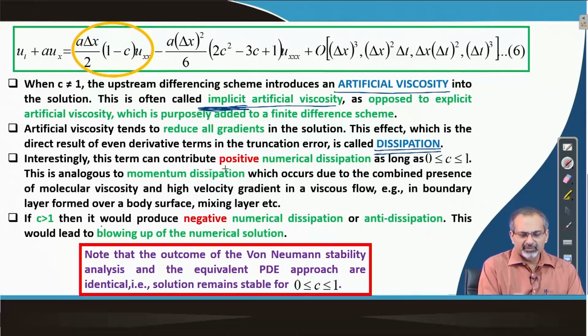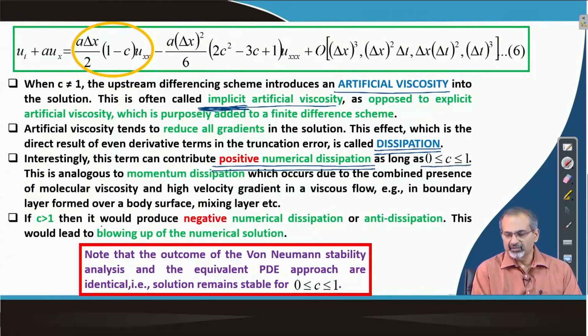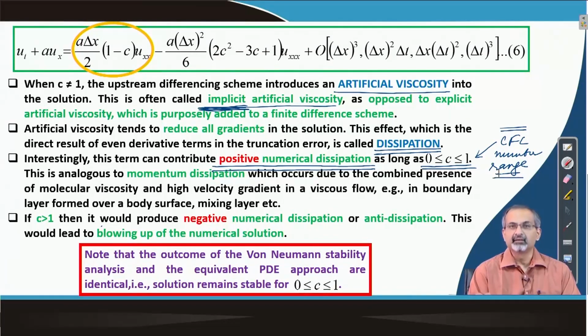Now, whenever positive numerical dissipation is introduced for the range of values of C that we see over here, so, this is essentially the CFL number limit or the CFL number range that keeps first order upwind method stable, then we have positive numerical dissipation in action, and this would play a role similar to the kind of momentum dissipation we see in viscous flow problems.